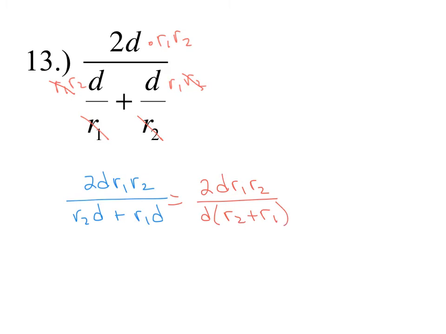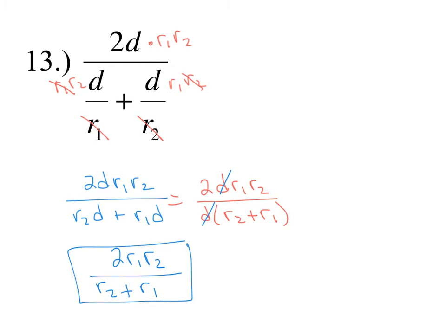The reason that I knew to think ahead is I had already seen that there was a d in the numerator, and I noticed that both of the terms in the denominator had a d. So I knew I needed to factor it out so I can cancel out the common factors. So now that I've factored it out, the d can be simplified. So we have left in the numerator 2 times r1 r2, and in the denominator r2 plus r1. And that would be your final answer.